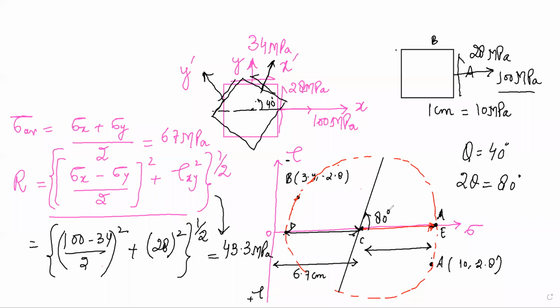Now the line which has been drawn at an angle of 80 degrees will be intersecting my Mohr's circle at least at 2 points, isn't it? So I will call one point A prime, and the other point B prime. Be careful about the sense of rotation. When you rotate, your A will go to A prime and your B will go to B prime.